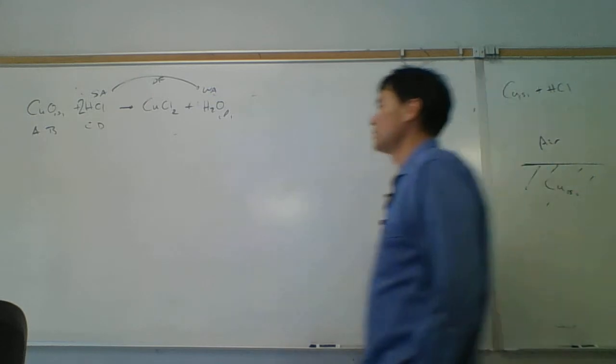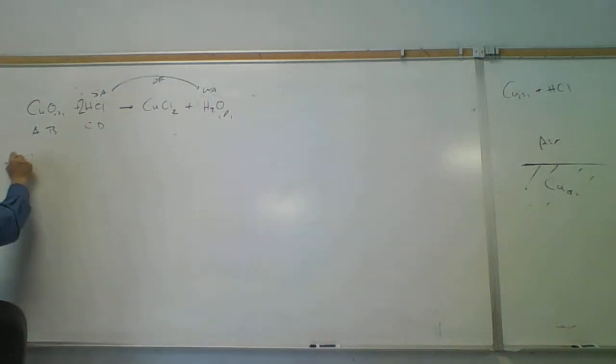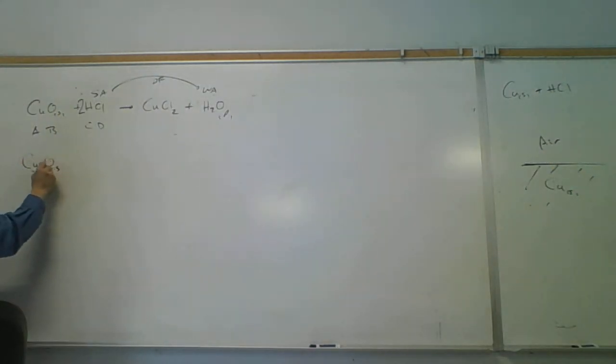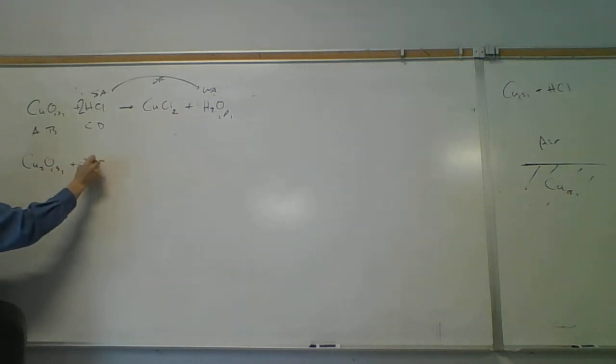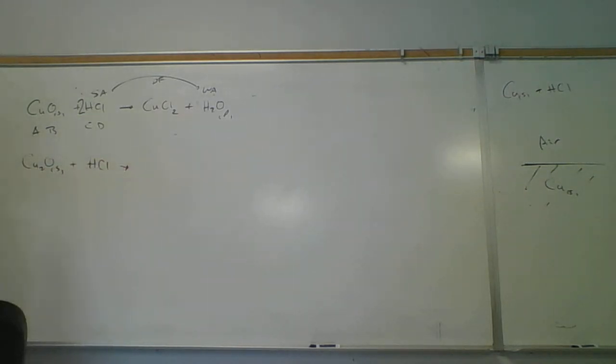The same thing, if there's a red copper 1 oxide coating on there, solid, the HCl will also eat that up. What forms here? Well, it's going to be copper 1 with, and hydrogen with oxide.